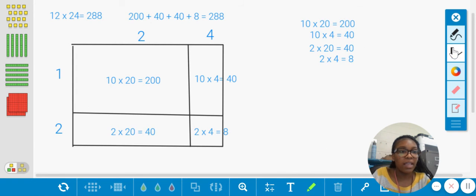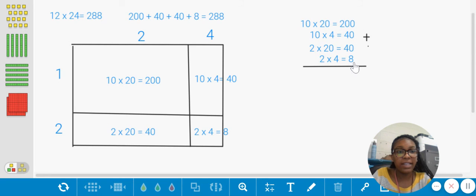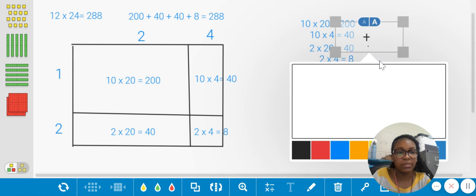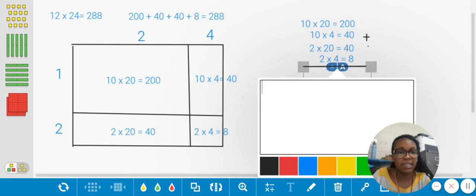So we're going to add these all together, right? And I'm adding this side. Okay. If I look in my ones column, let's move this friend so we can see.